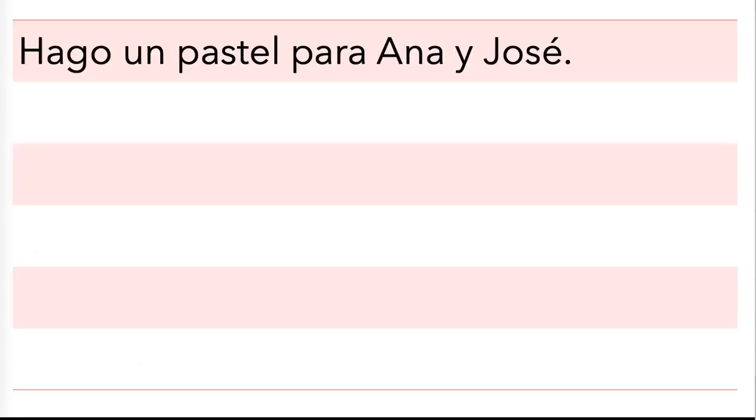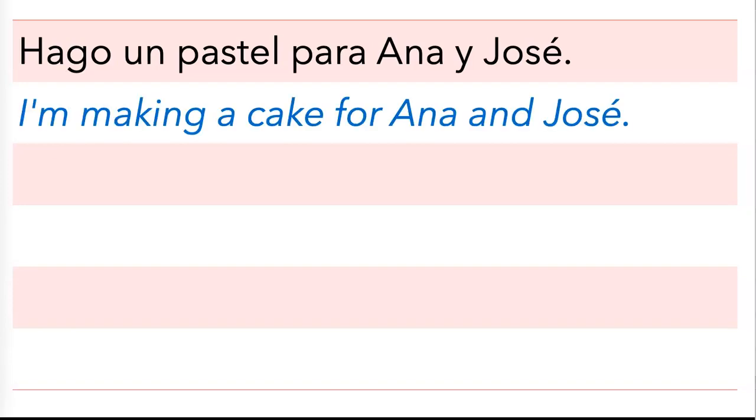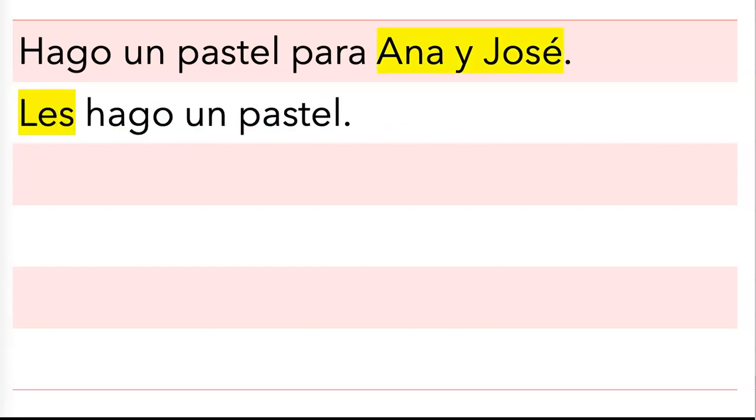Let's continue with our sample sentences. Hago un pastel para Ana y José. This one is going to be easy to translate because we just had it. I'm making a cake for Ana and José. Now we're going to replace both Ana and José with the indirect object pronoun. Les hago un pastel.